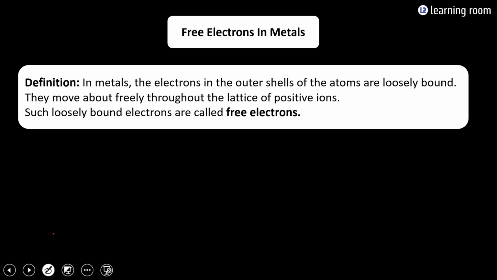I'll come to that point. So write down what these free electrons in metals are. In metals, the electrons in the outer shells of the atom are loosely bound.